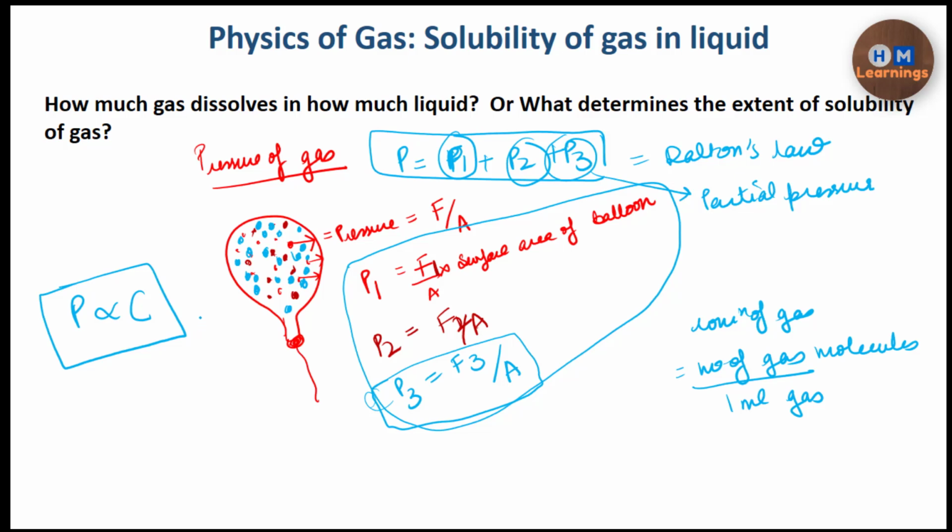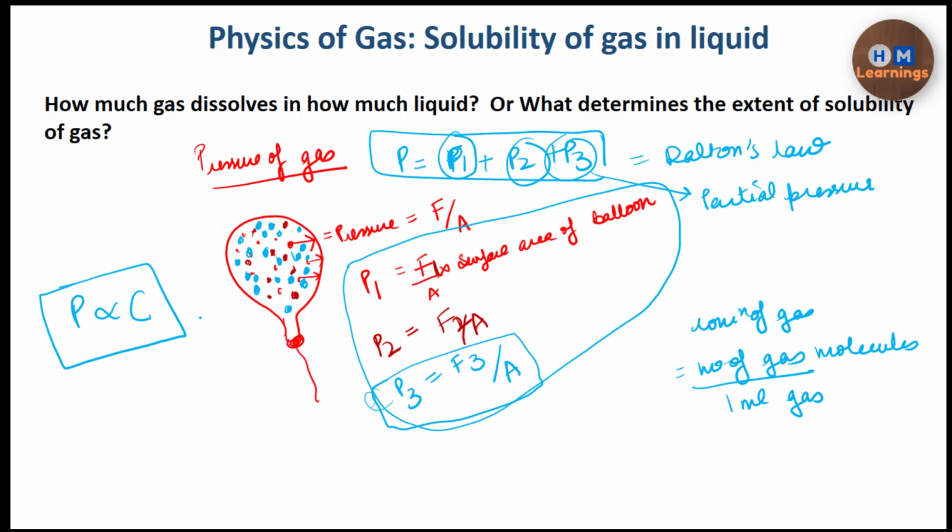So if you increase the concentration of gas, the number of molecules will also increase, so they are going to exert more pressure. As the concentration increases, the pressure is also going to increase, and therefore we say that pressure and concentration are directly proportional to each other, which is called the ideal gas law.